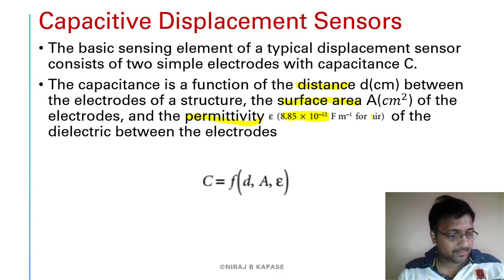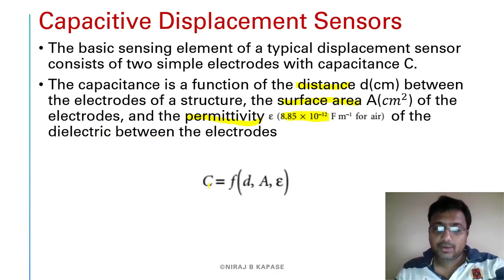Okay, so it is the permittivity of the dielectric between the electrodes. So the capacitance is a function of distance, the area of the plate, and epsilon, that is, the permittivity.